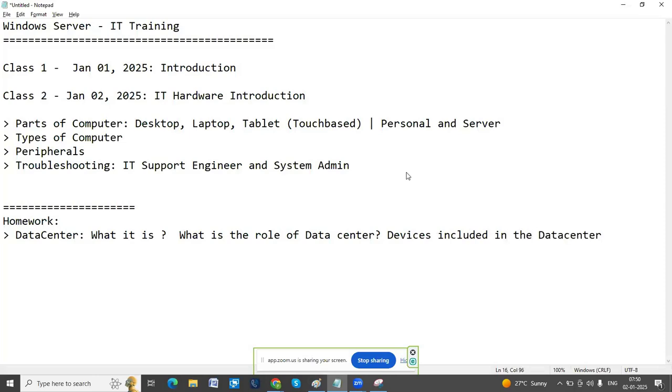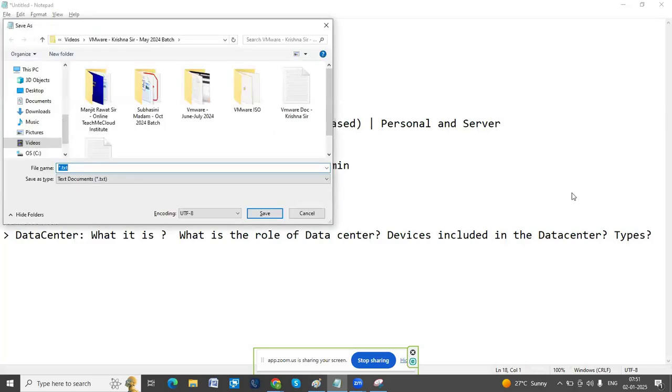What does the data center come with? What things are included in the data center? What is it exactly? And the types of data centers. Why do we use a data center? What devices are included in it? And what are the types? These are the 4 questions. It's your homework. You come up with this.